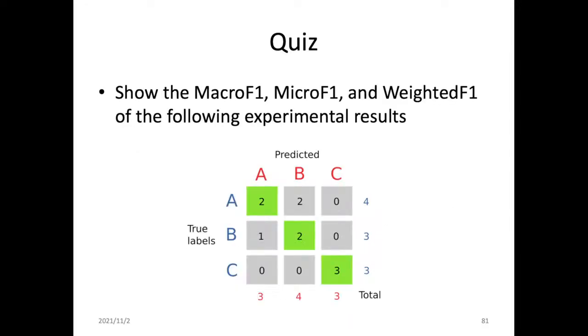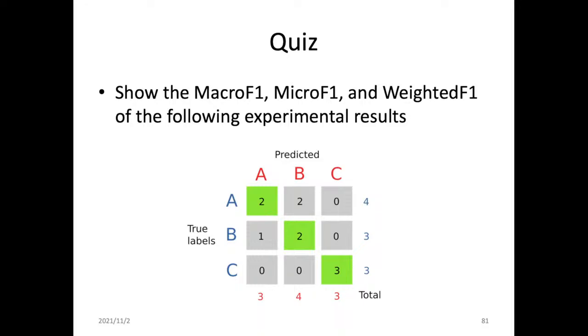Okay, next, if you are given this confusion matrix, how to compute the macro F1, micro F1, weighted F1 based on these numbers? Let's just explain a little bit, but the details I will leave you to do by yourself. Essentially, let's just use one example.